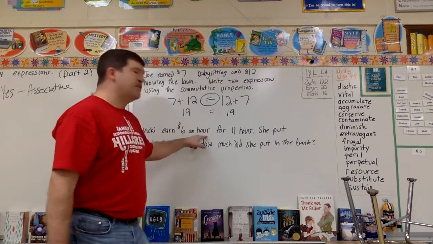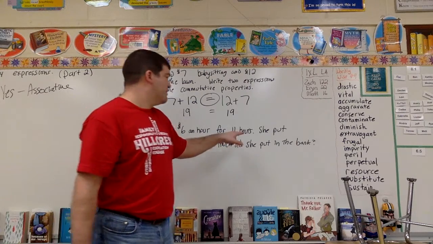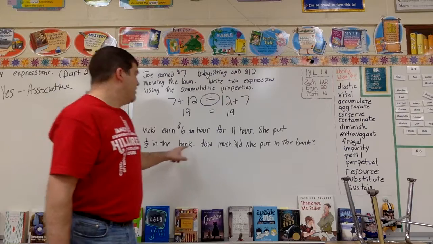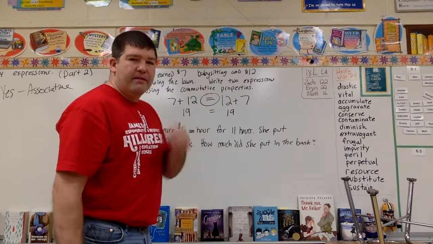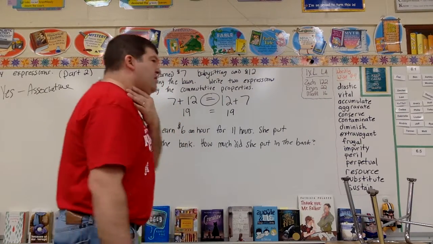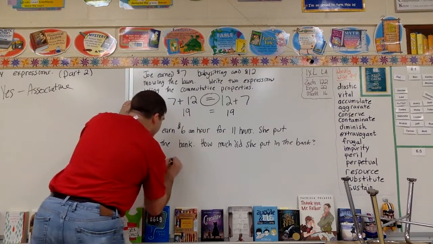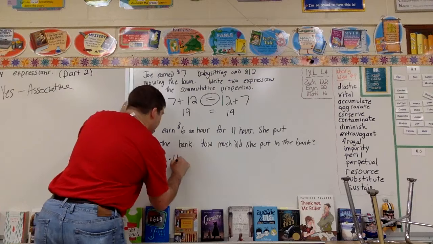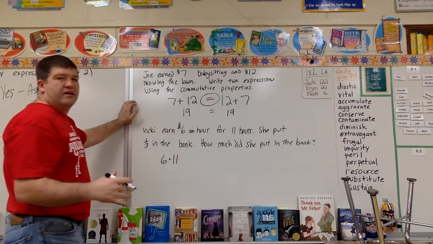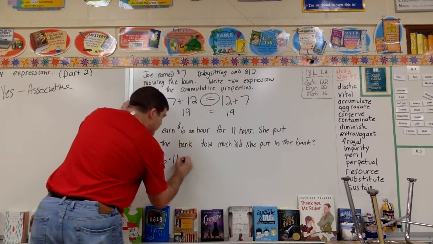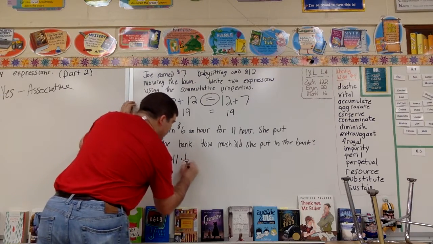All right, now let's look at this one. Vicky earned $6 an hour for 11 hours. She put a third of that in the bank. How much did she put in the bank? Okay, so I could say 6 times 11, because that's how much money she earned. Then she put a third of it in the bank, so I'm going to times that by 1/3.